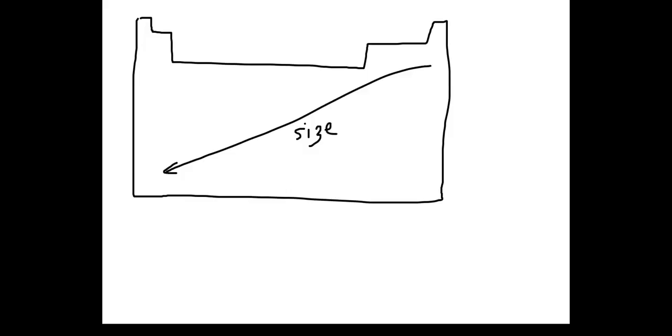Now, going down makes sense, but you might be wondering why it gets smaller as it goes to the right, because aren't you adding more electrons in each orbital? You're also adding more protons to the nucleus as you go across the table, right? So as you're adding electrons in a neutral element to make the element neutral, as you change the element, you are also adding protons, right? Because change the proton, you change the element.